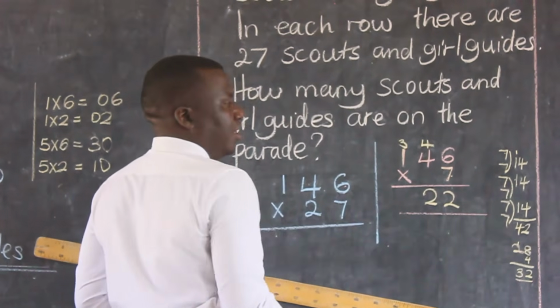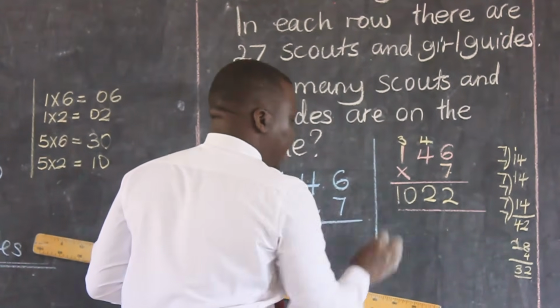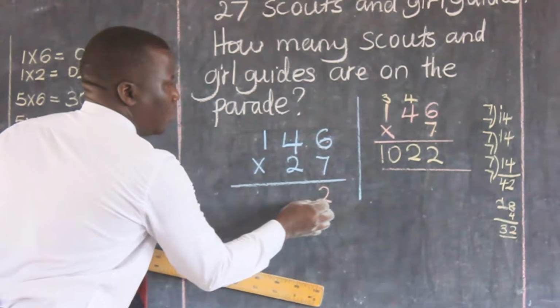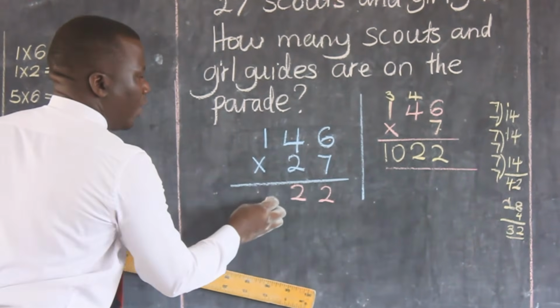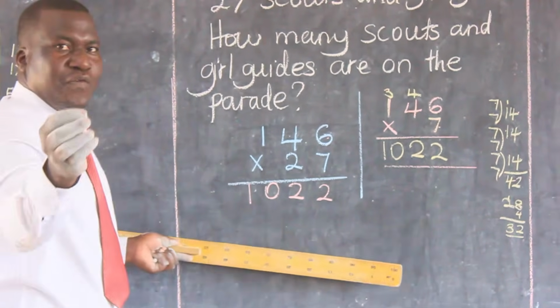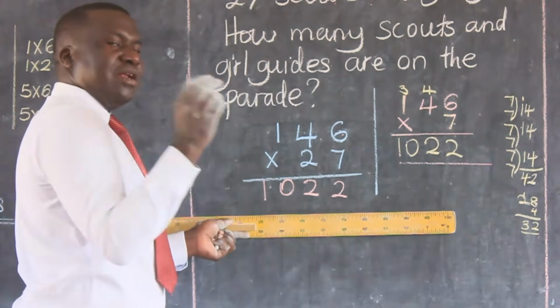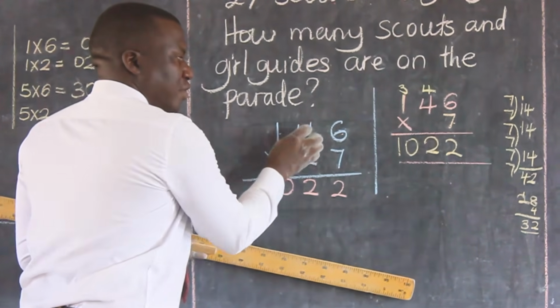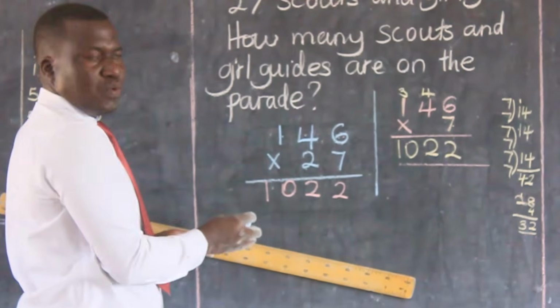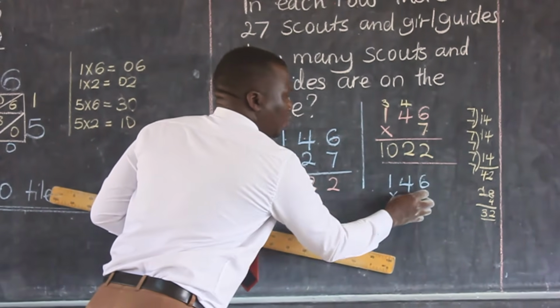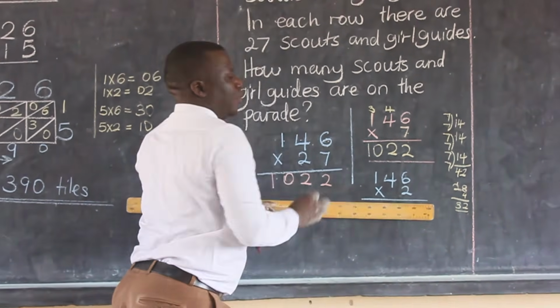Plus the other 3, you get 10. Now, come and write this here. We have 2, we have 2, we have 0, and we have 1. But many of you stop here that this is the answer. No. You have forgotten to multiply 146 now by 2. So we shall have 146 times 2. And what do we get?